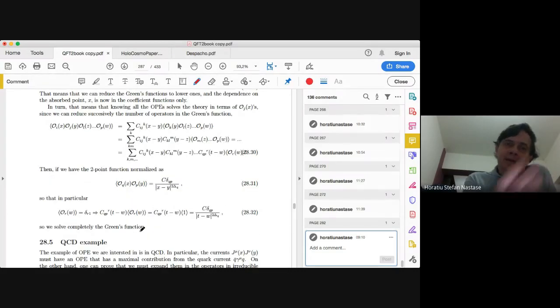And then I can, for instance, normalize the 2-point function, OP with OQ, as being a number C times delta PQ over x minus y to the 2 delta Q, delta Q being the dimension of this operator.